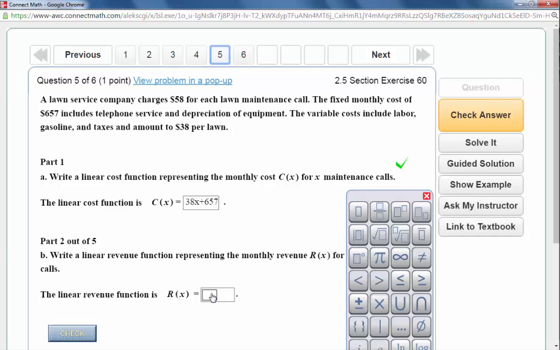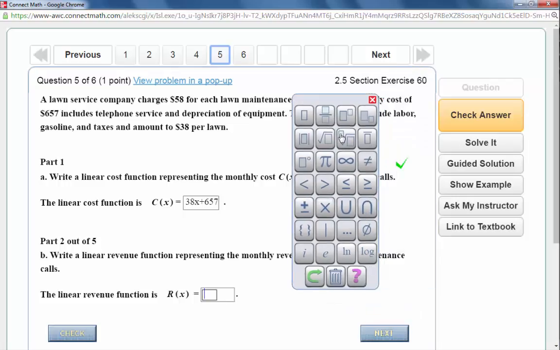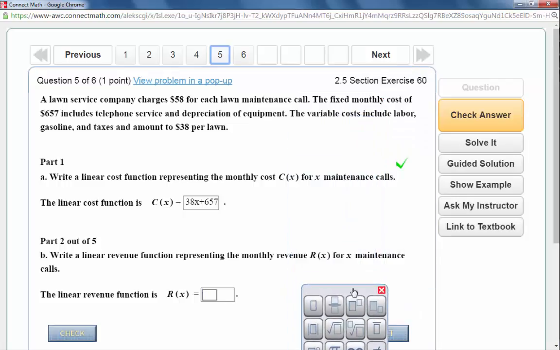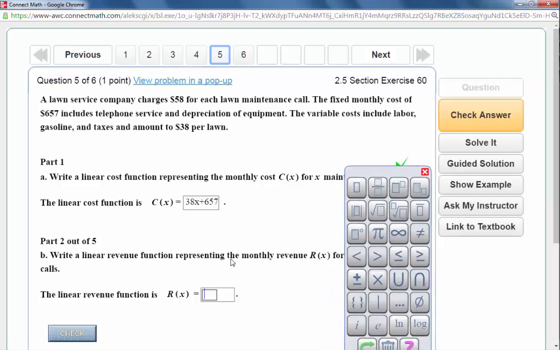What's the total money you made after the first month? Wouldn't it just be 58 times X? Because we don't know exactly how many loans we answered, so it's X many. But you charge 58 per each, so it's 58X.